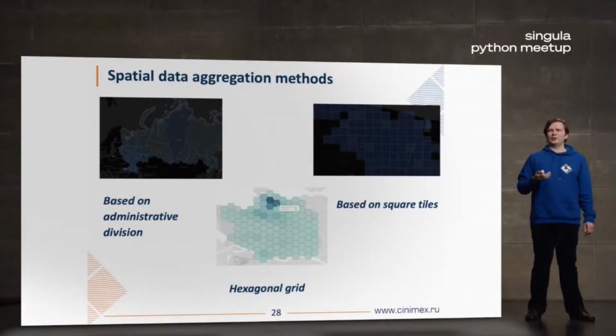You also can split your area using square tiles. It is pretty convenient because you can provide isolation in a pretty simple way. You just need, for example, the set of different longitudes and latitudes, and your tiles are ready.